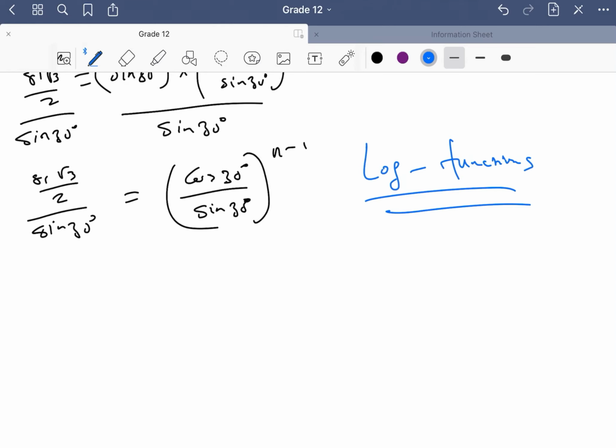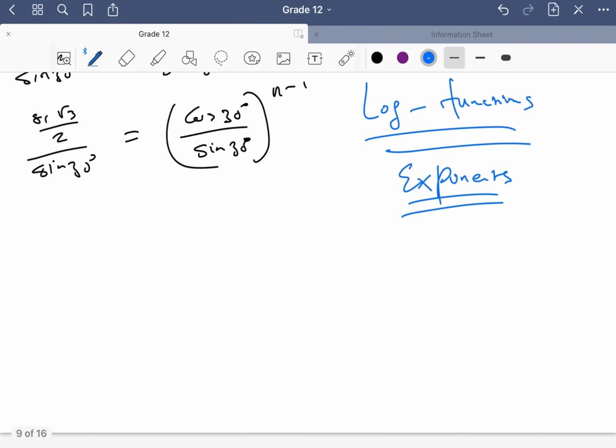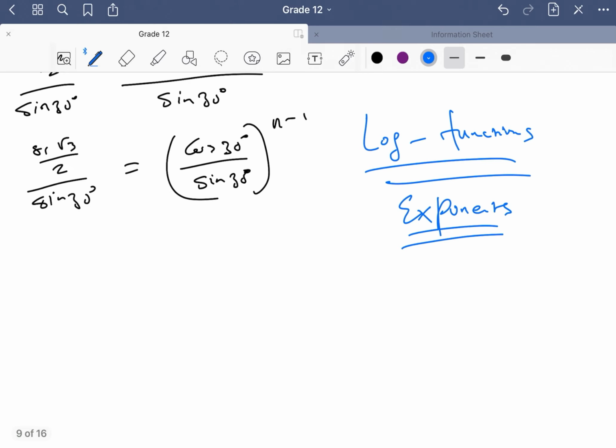And then we'll show you using just exponents, right? So there's two ways of doing this. The first way is log functions. With the log functions, you're always going to pick the easy one.